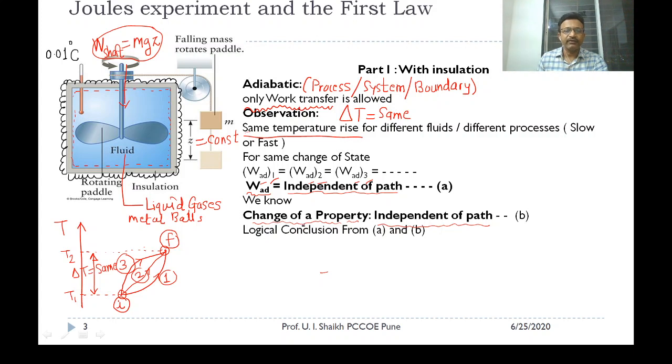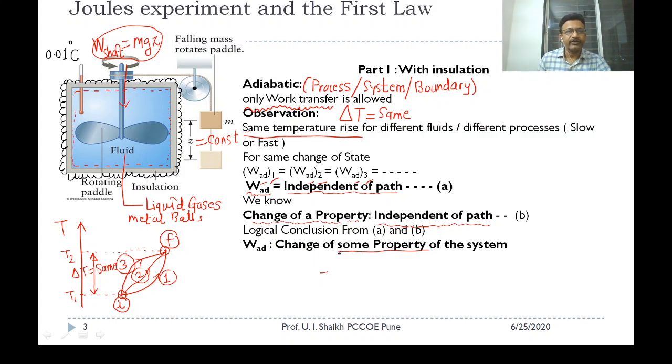So let us equate this. We can write that W adiabatic must be representing the change of some property of the system. I am underlining some property of the system. The logical conclusion we can draw from statement A and statement B is that W adiabatic is nothing but the change of some property of the system.